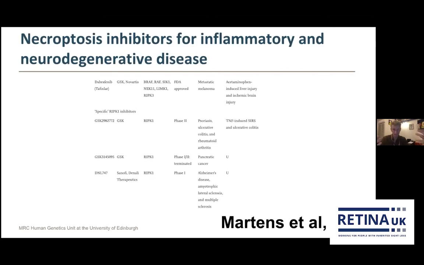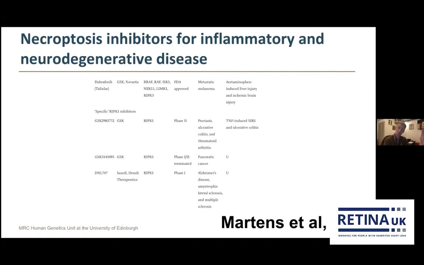And there are several RIP kinase inhibitors which are under investigation for inflammatory conditions such as psoriasis, ulcerative colitis, and rheumatoid arthritis to see if they can dampen down disease. And they're also being investigated in clinical trials to determine whether these necroptosis inhibitors are effective in neurodegenerative diseases like Alzheimer's, amyotrophic lateral sclerosis, and multiple sclerosis.